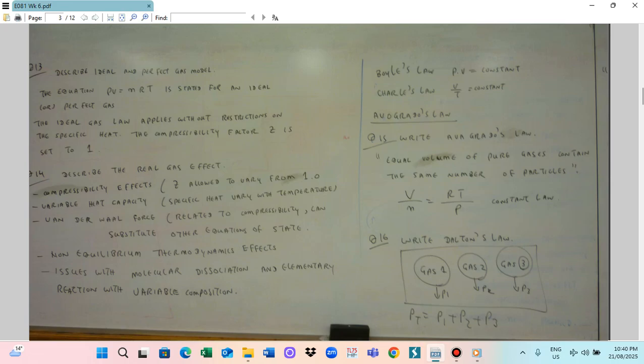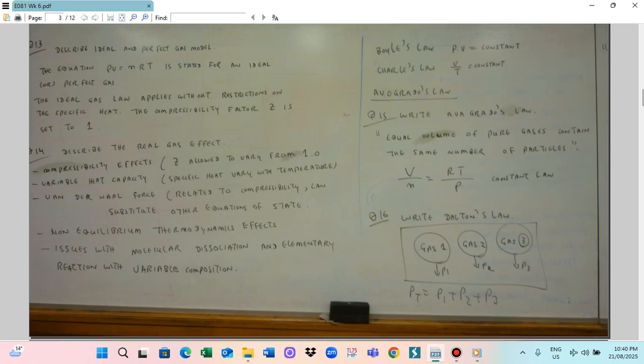So all the gas laws include the Boyle law. Boyle law relates the temperature and the pressure. The multiplication of the pressure and the volume can be constant. P into V is equal to constant. So this is the Boyle law.